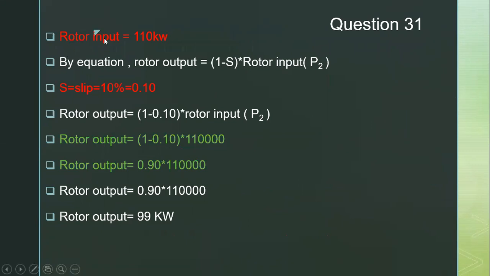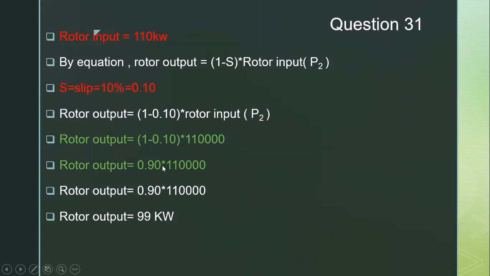The rotor input is given as 110 kilowatts, and by the equation, rotor output is equal to (1 minus S) into rotor input. Slip is 10 percent, which as a value is 0.10. So rotor output is equal to (1 minus 0.10) into rotor input. Rotor input is 110 kilowatts, or 1.1 lakh watts.